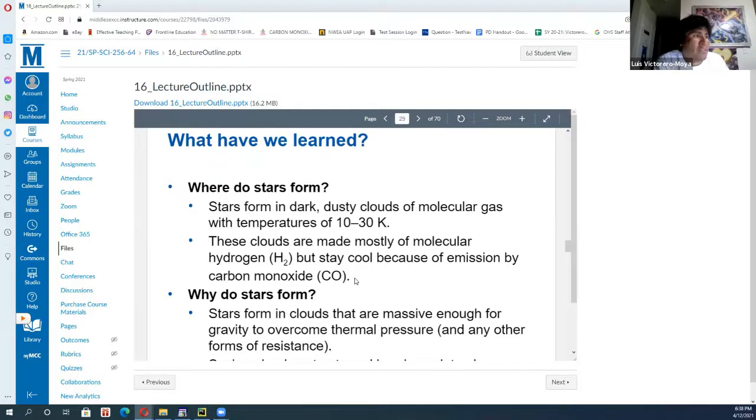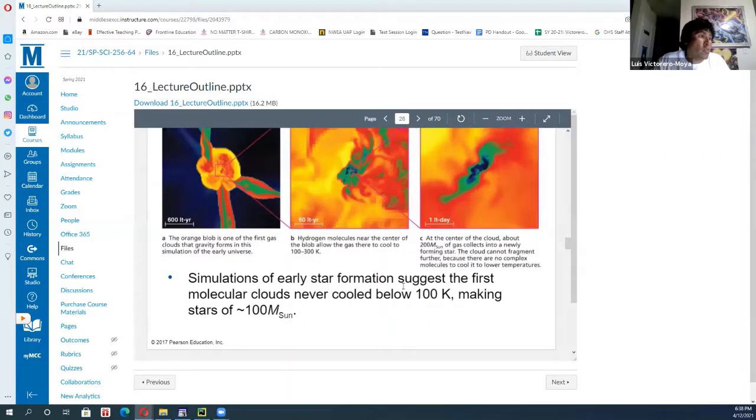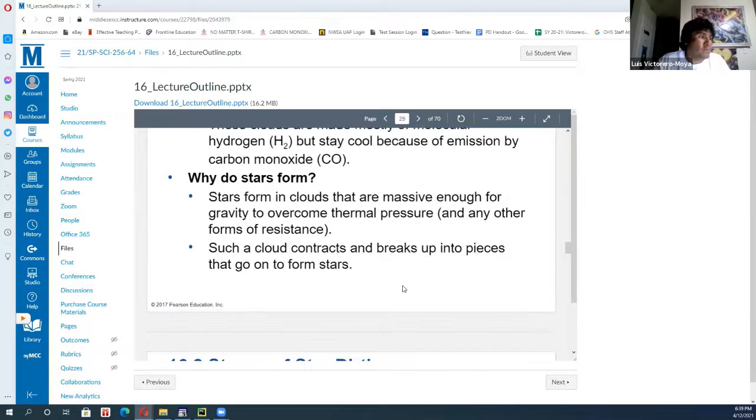10 to 30 kelvin seems to be the range, unless you're talking about the first stars, where, as I just showed you, they had to be warmer for the mass to be actually able to overcome gravity and then able to produce stars, right? Why do they form?